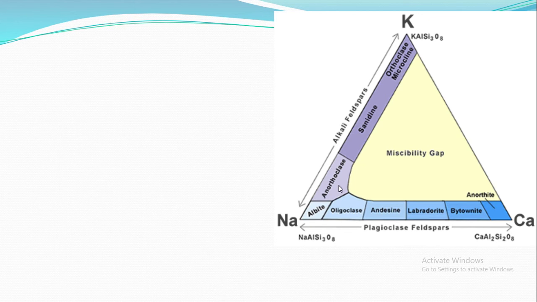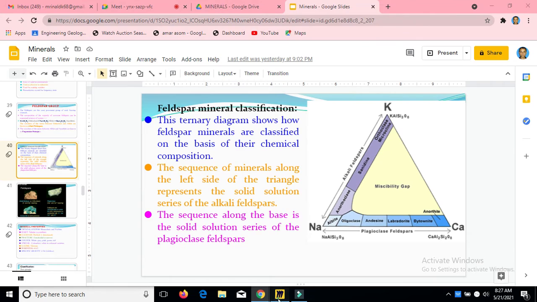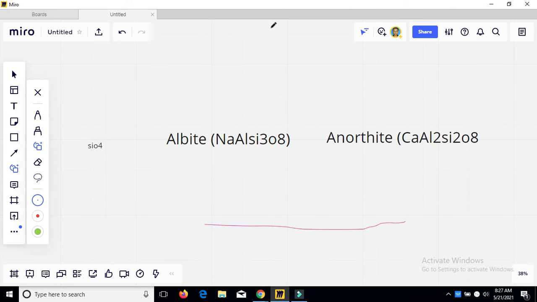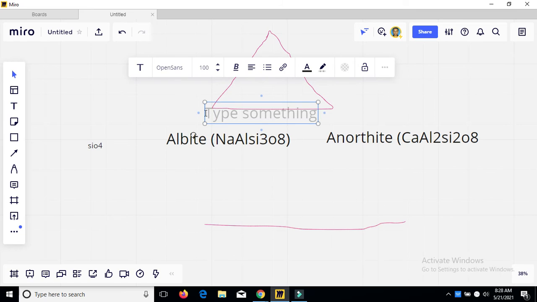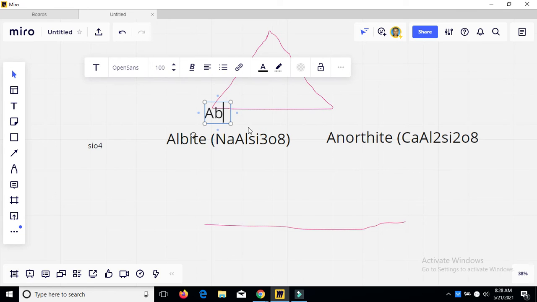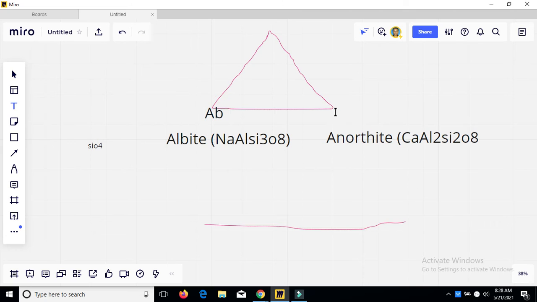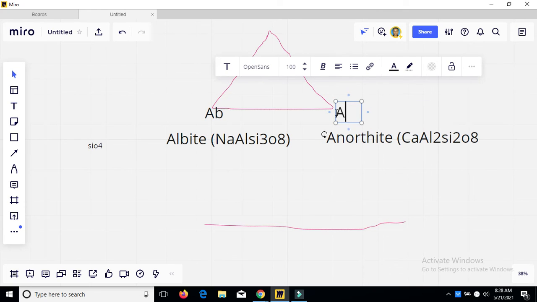Okay. Again I will move to here. Now what I will do, I will draw a triangle. So here it is. This is albite. And here this is anorthite.